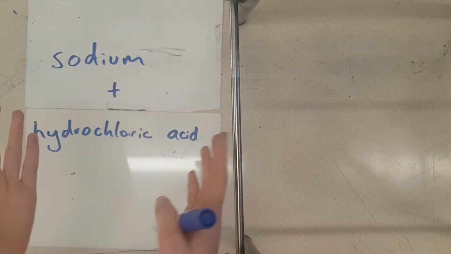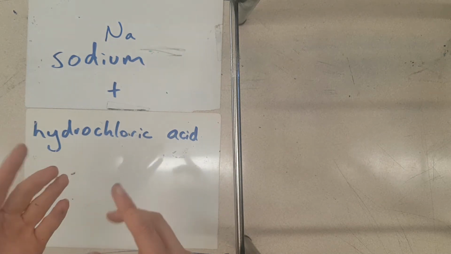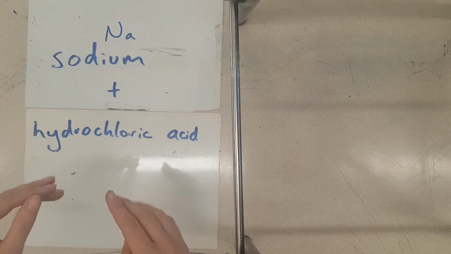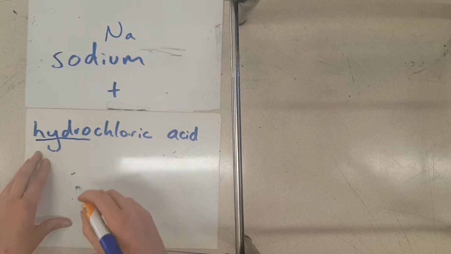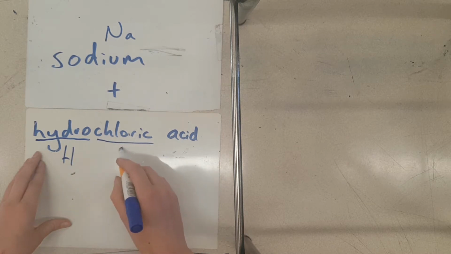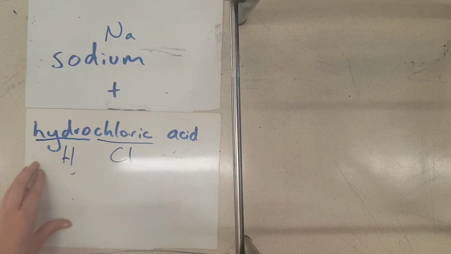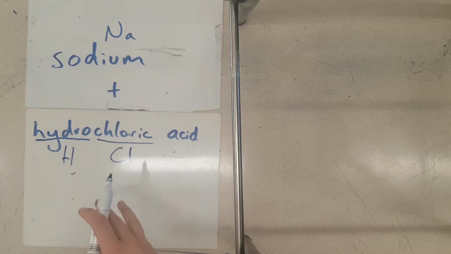Sodium is nice and easy, it's just sodium, just the metal by itself. Hydrochloric acid, that one's a little bit harder to figure out just because you have to read the name a little bit, but hydro as in hydrogen and chloric as in chlorine. Right? So sodium plus hydrochloric acid, these are our parts.